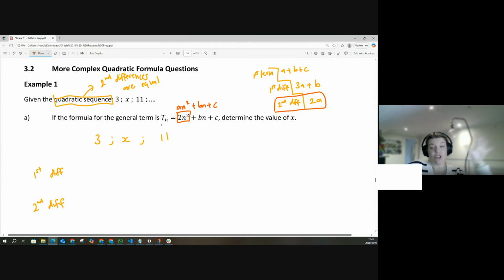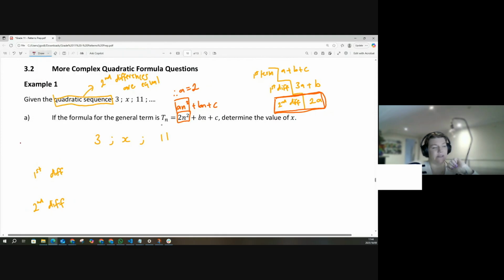They've told us that this first term is 2n squared. That means that a is 2. So we know that our second difference needs to be 4. So 2 times 2. Okay, that's the first piece of information.